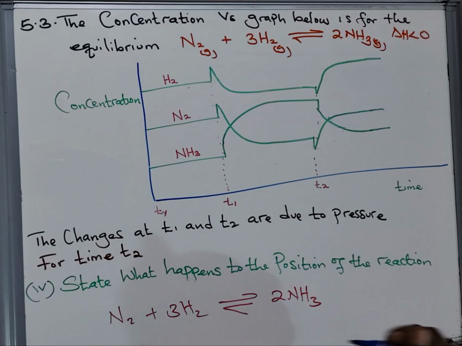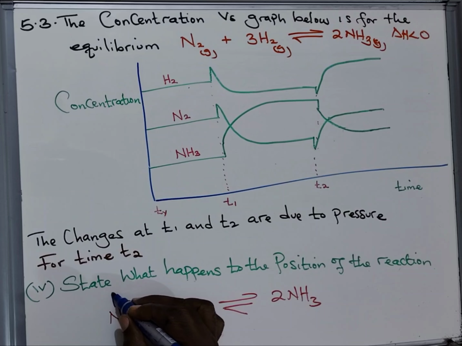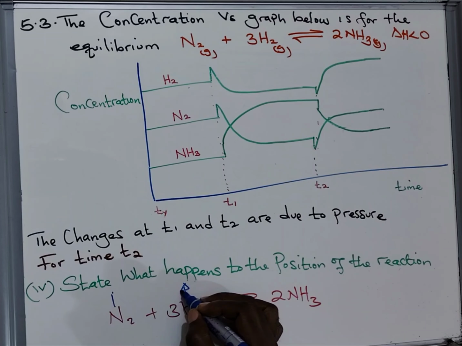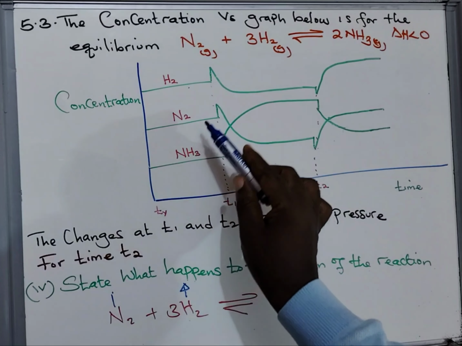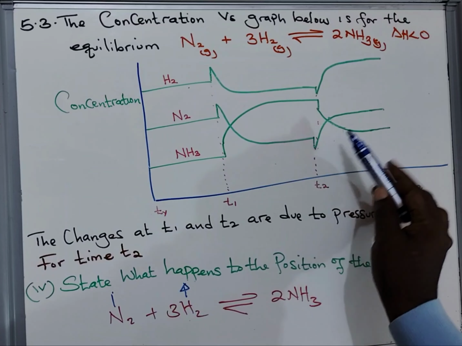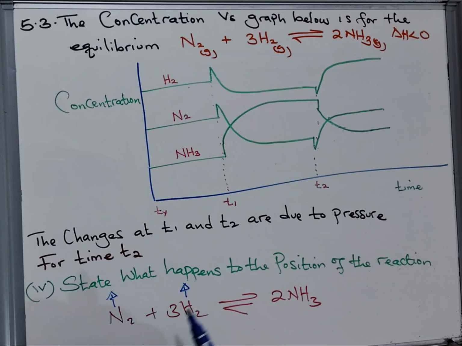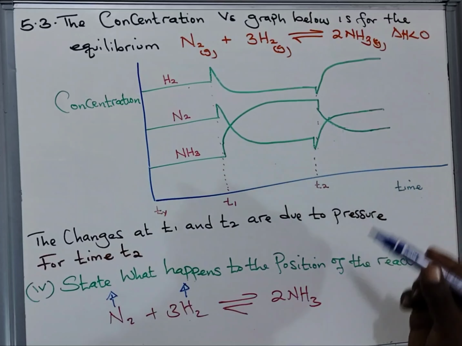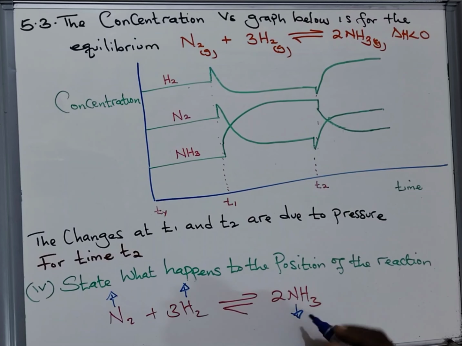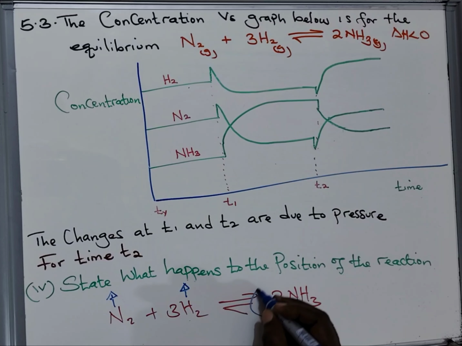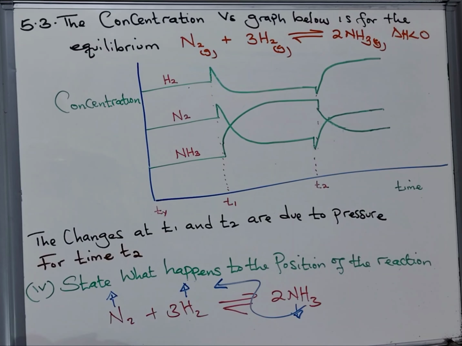It increased. You have nitrogen at T2. What happened? It increased. You have ammonia at T2. What happened? It decreased. And the position is from low to high. So the position is obviously reverse. So we say reverse is favored.